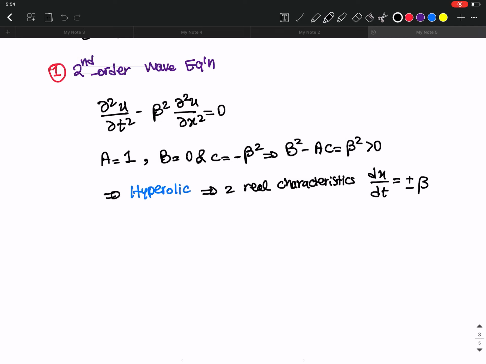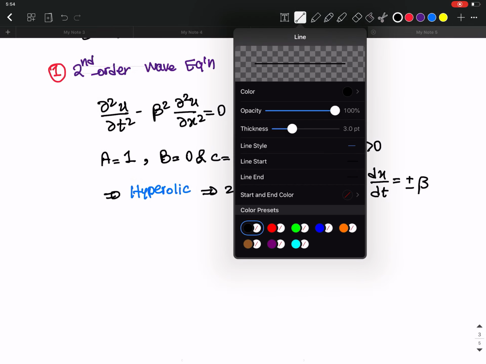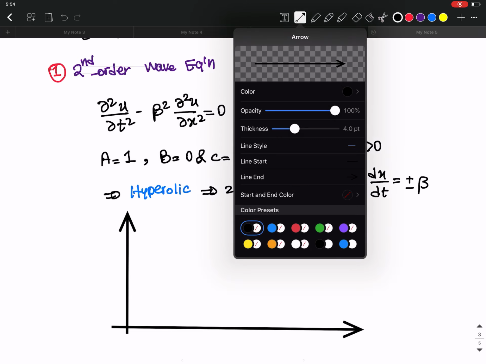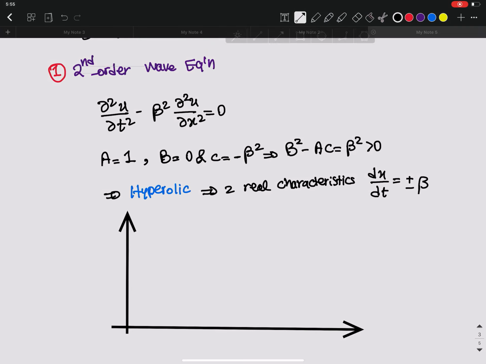Okay, so let me draw these characteristics quickly so you get more insight into how this looks. Let me do it here. This is the boundary.